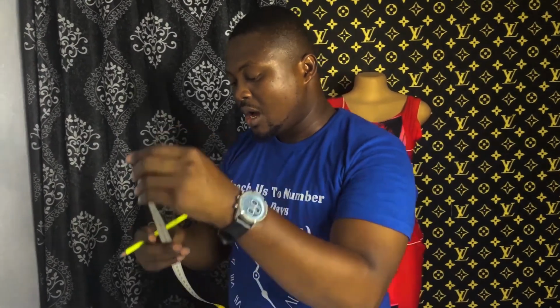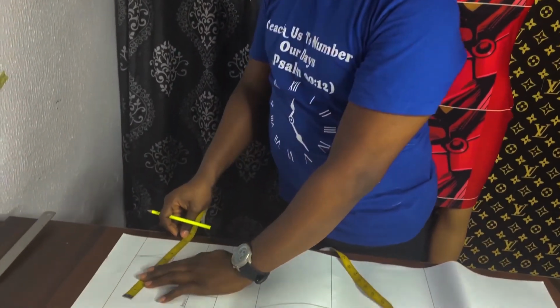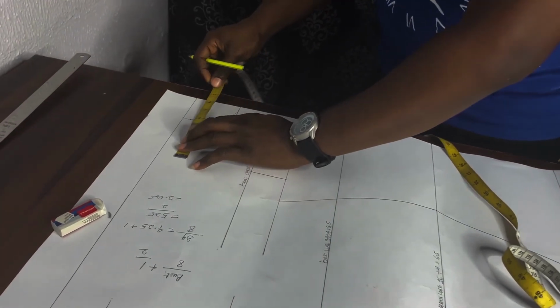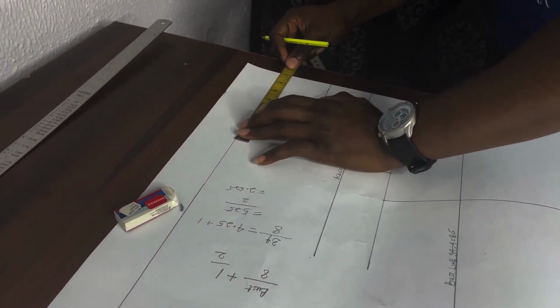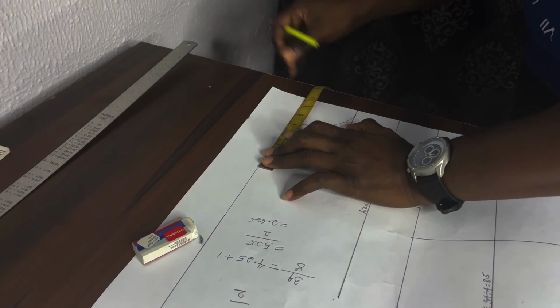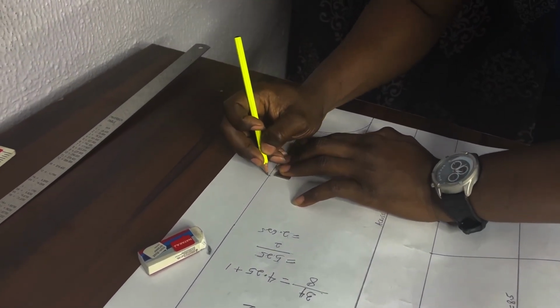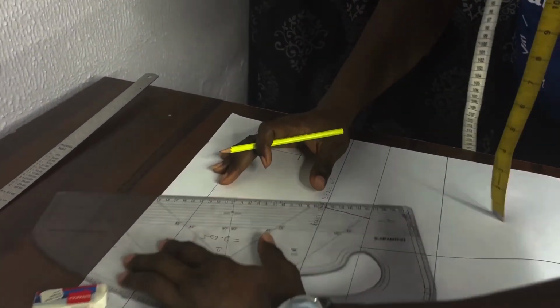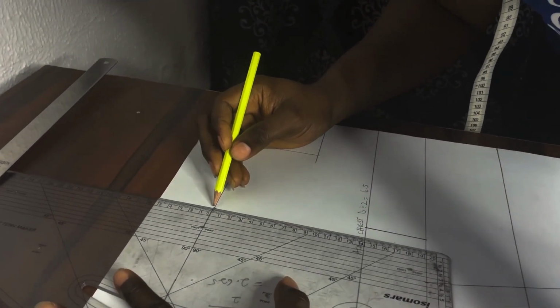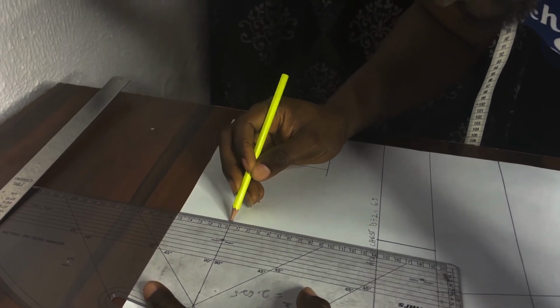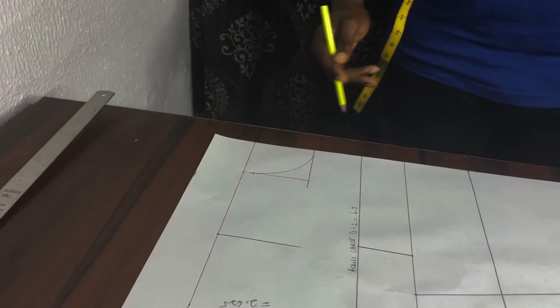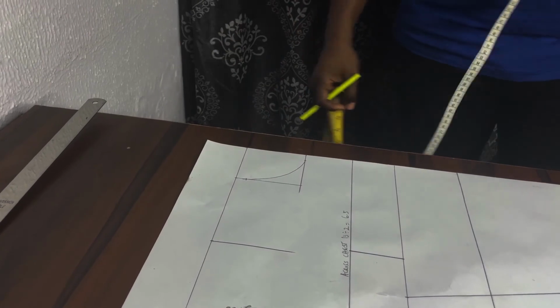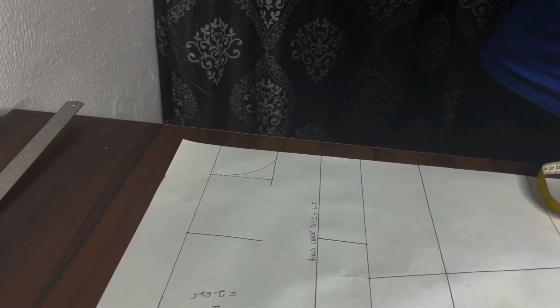Now back again. What we want to get this time around is our across shoulder. Our front across shoulder is 14 inches. Half of 14 is 7 inches. So we square down a line, at 90 degrees.